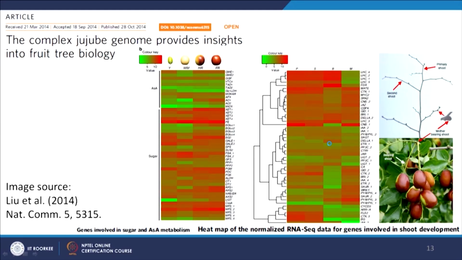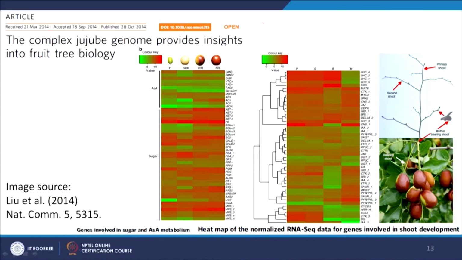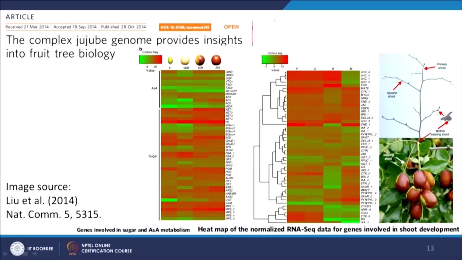Let us assume that you want to study root developmental stages, and you know that root development occurs through different stages. The first stage in lateral root branching is the specification of some cells.